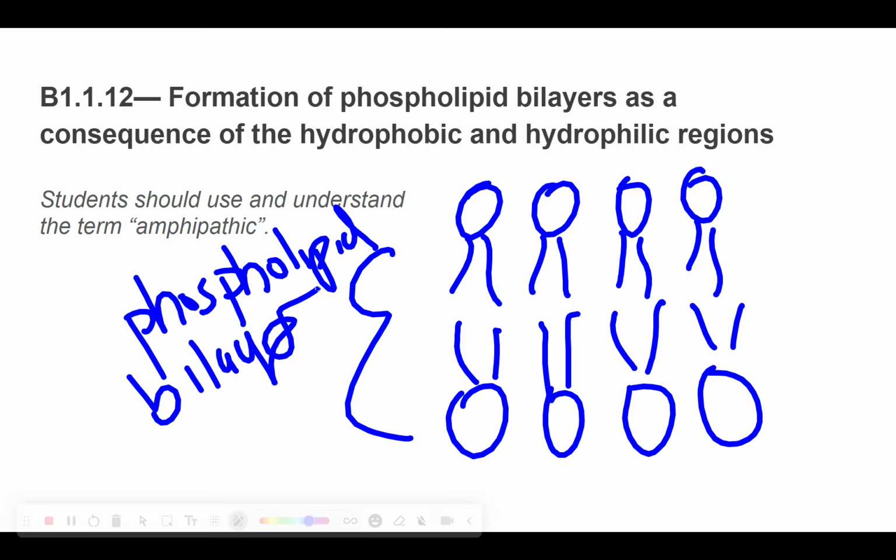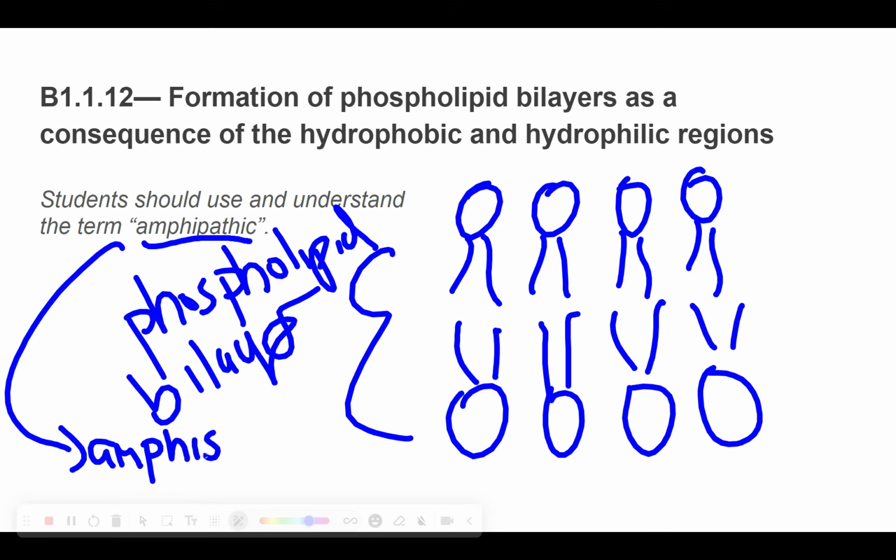And this word amphipathic comes from Greek. Amphi means both, like an amphibian or an amphitheater, where you can see both sides of the stage. The amphitheater wasn't necessarily immediately obvious to me. So that is from the Greek root amphis, which means both.